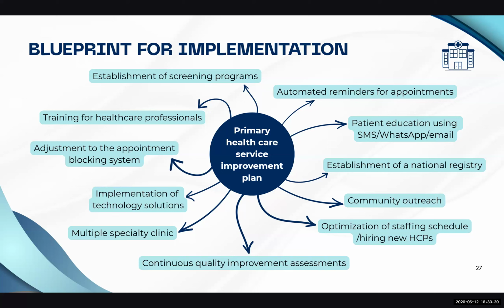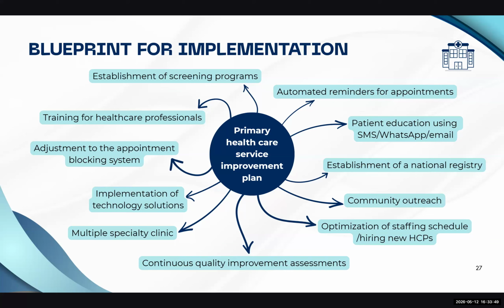Community outreach, obviously we're responsible for the bigger community, so we have to get out to them. That is the goal, that is the metric by which health centers are measured, not what comes in your door, but what you are responsible for. The optimization of staffing schedules is a boots-on-the-ground suggestion: sometimes we might see too many staff in the evening, so optimize it to when the majority of patients are coming in, at times and periods when we have heavy flows of patients.